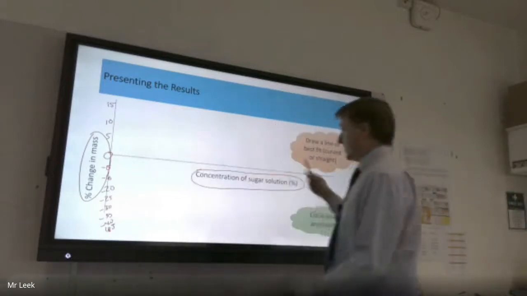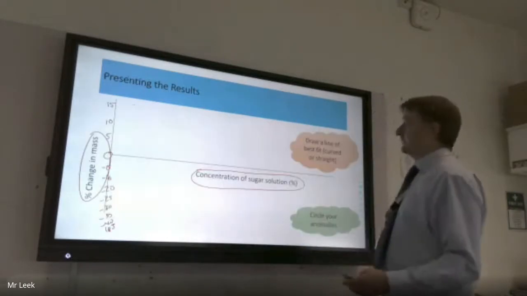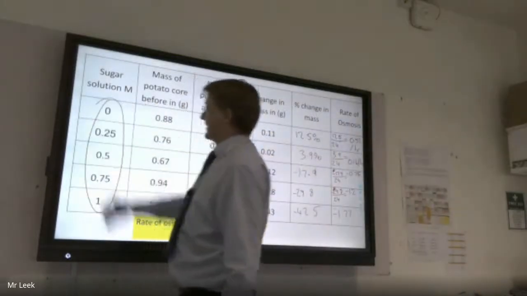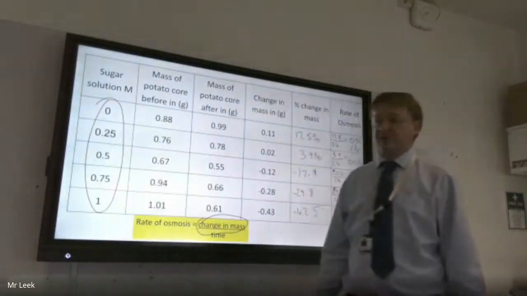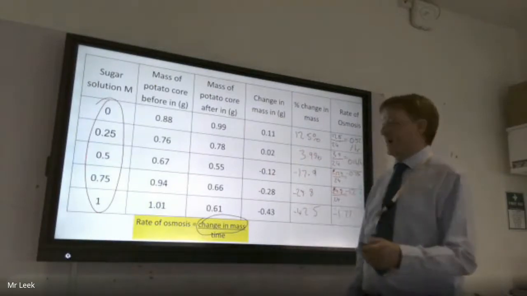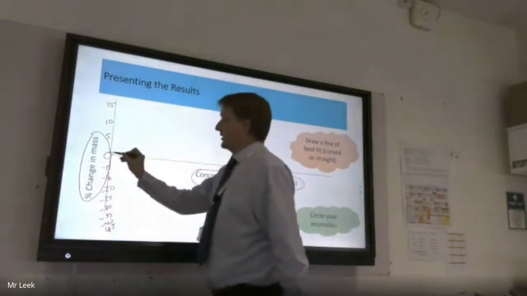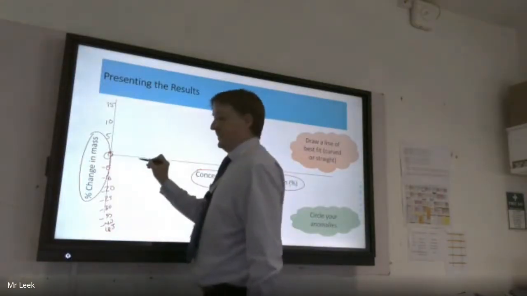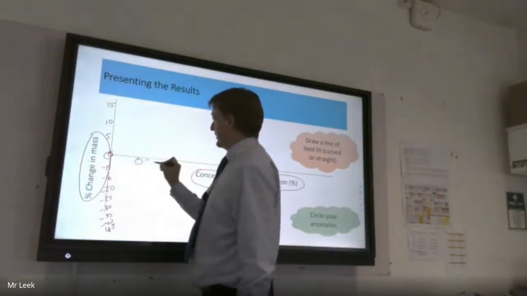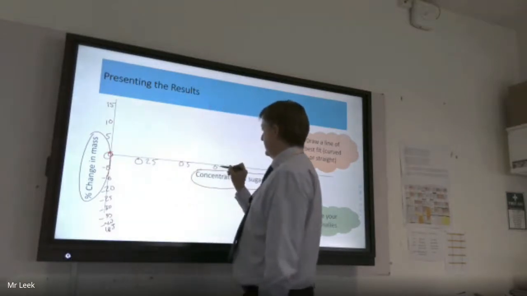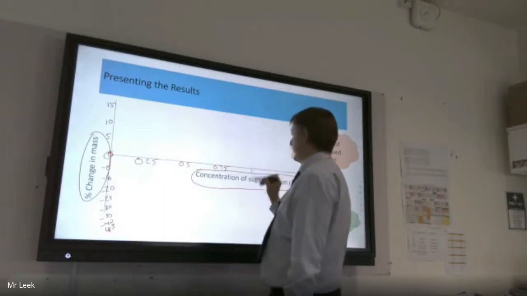Then, concentration of sugar, the one that goes across the middle, what we've got is these around that side there, which is your 0.25, 0.5, 0.75, and 1. Okay, so start at 0 here. Then you can evenly spread out 0.25, 0.5, 0.75, and 1.